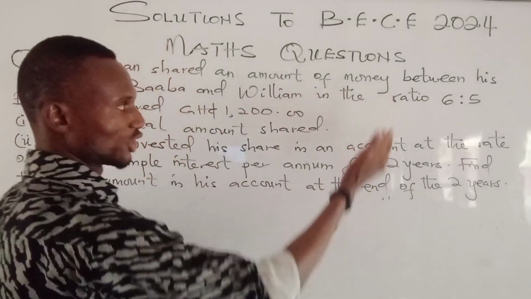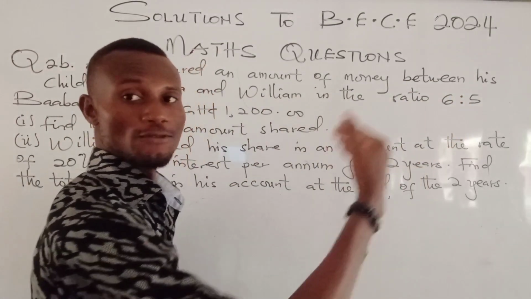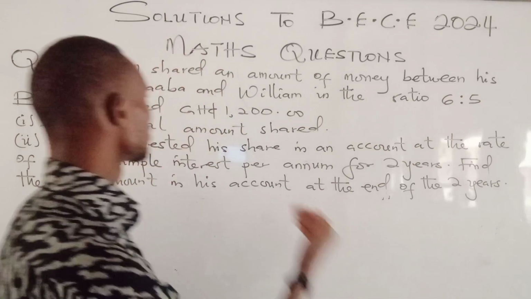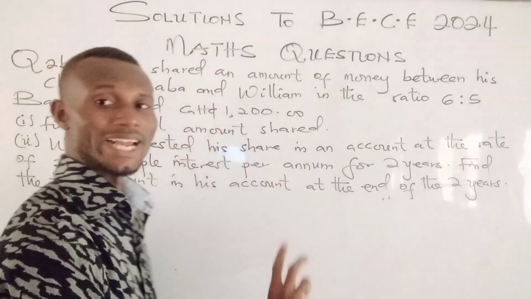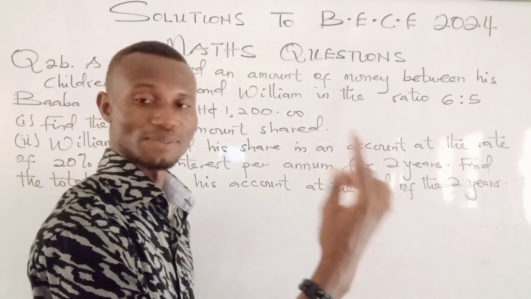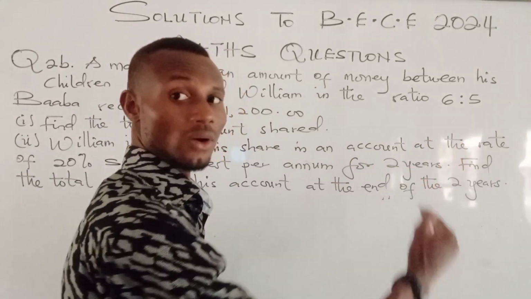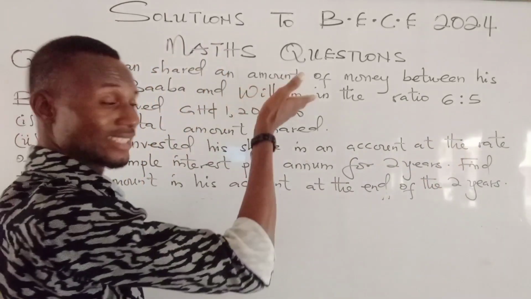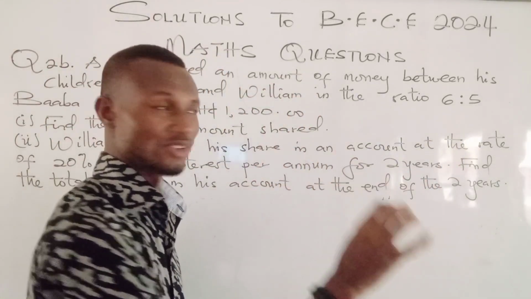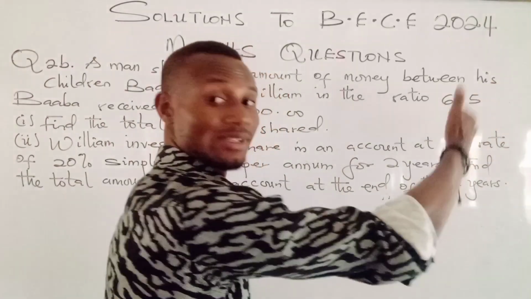And when you come to the ratio also, 6 comes first, followed by 5. So the value which represents Baba, which comes first, is the 6, and the value which represents William, which comes second, is the 5, which also comes second.